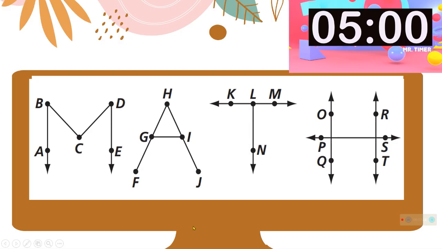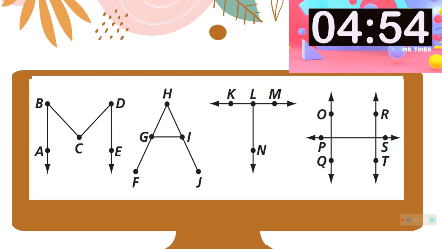Here is the figure of MATH. Let's take, for example, that you are already done with your activity, so let's now proceed with the next slide. Again, you are going to express your answer in a sentence.